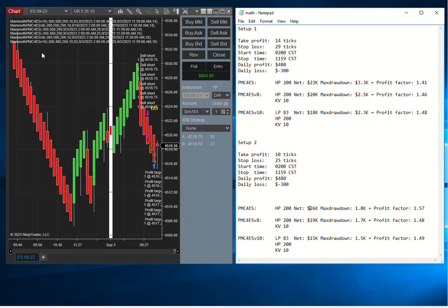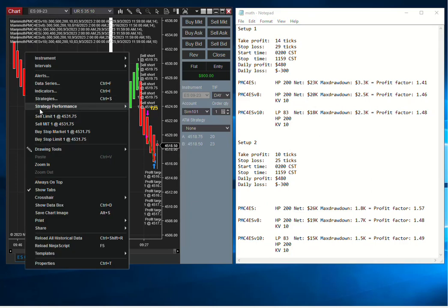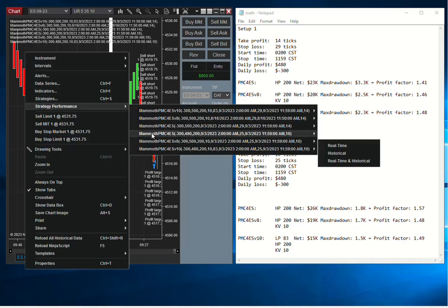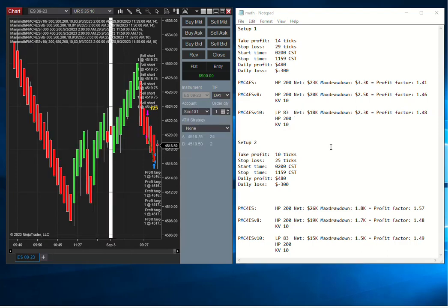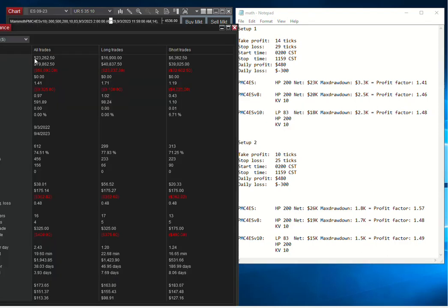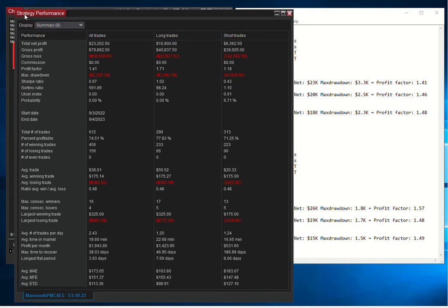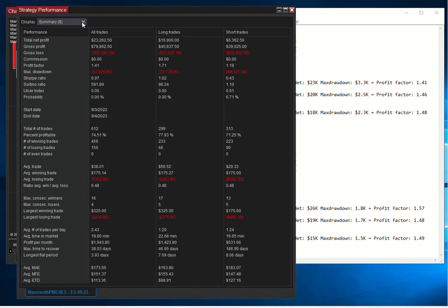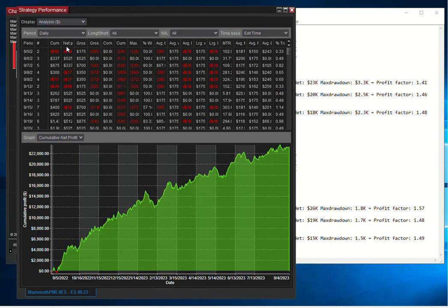Now, there's another way, but before I do that, I'm going to just show you the original setup 1, which is the 4ES original setup. And that's important. You want to look at the monthly.